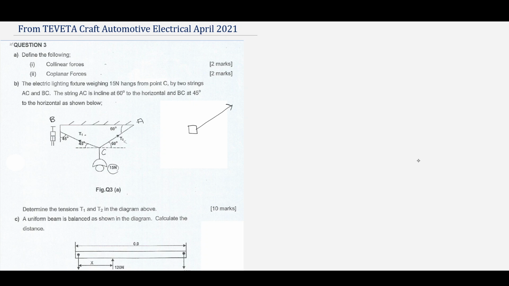We have one in that direction and another one in that direction. So this is T1 and this is T2, and then we have the weight force, which is 15 newtons. This one is acting at an angle of 60 degrees, and this other one 45 degrees.